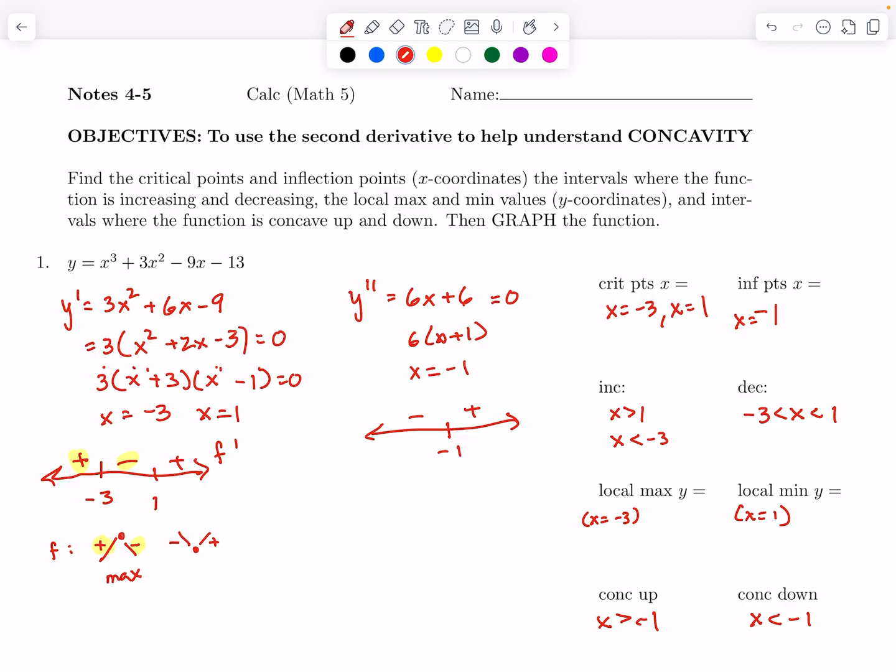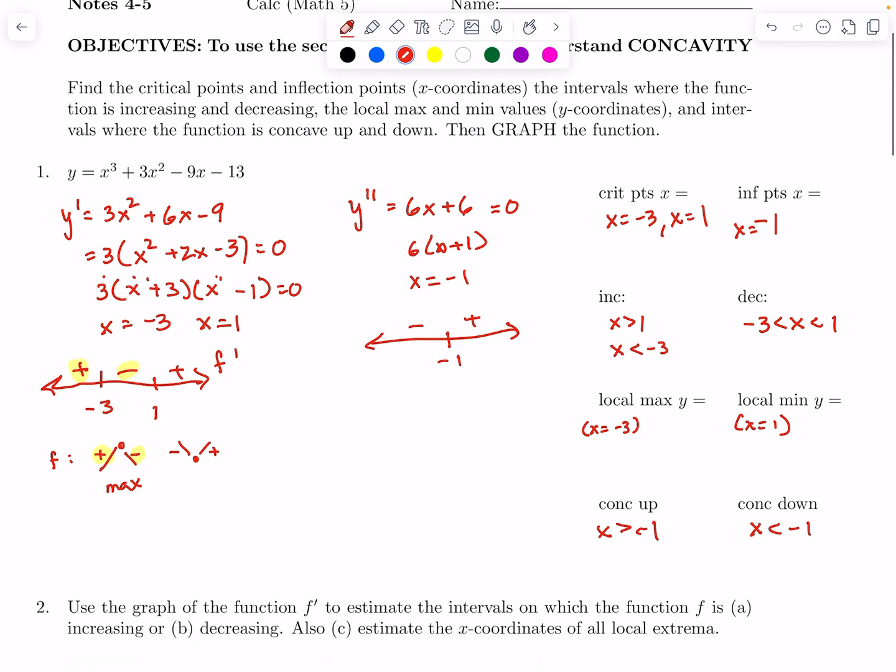Okay. Now for actual graphing, we'll graph the function. If you use the standard window, you won't see the top and the bottom, because if you trace at -3, you get 14. And if you trace at 1, you get -18.